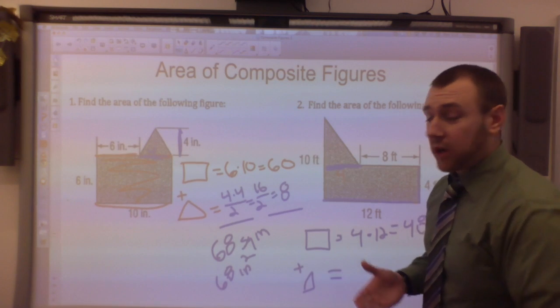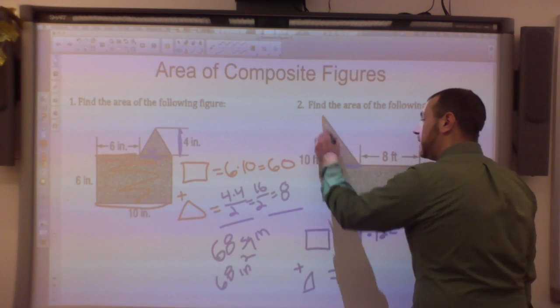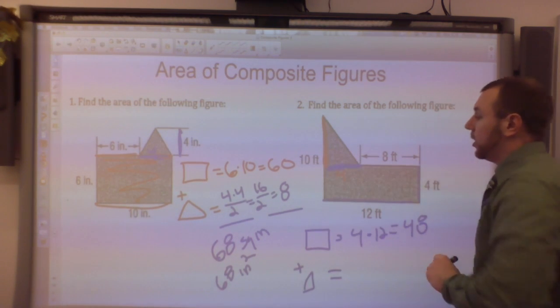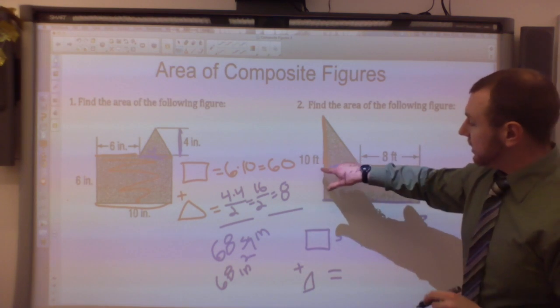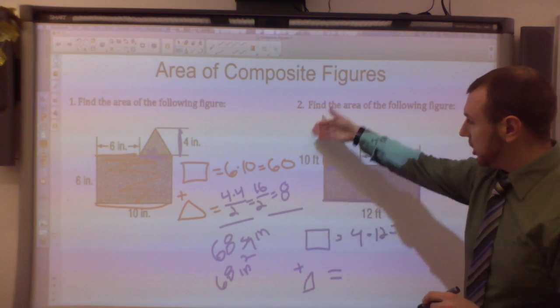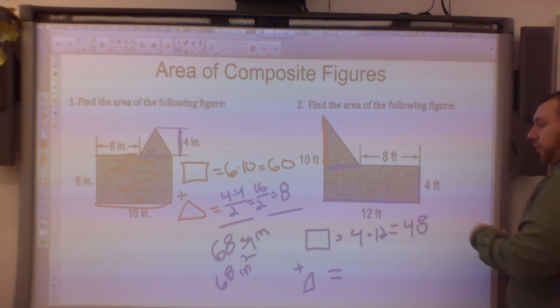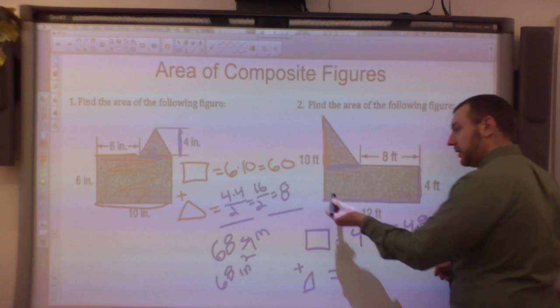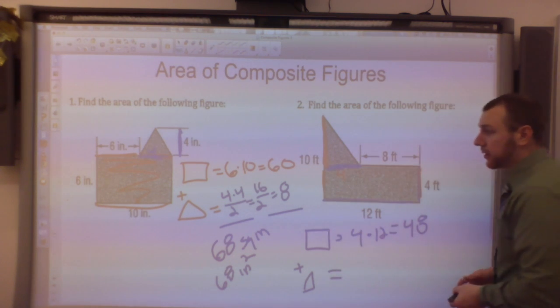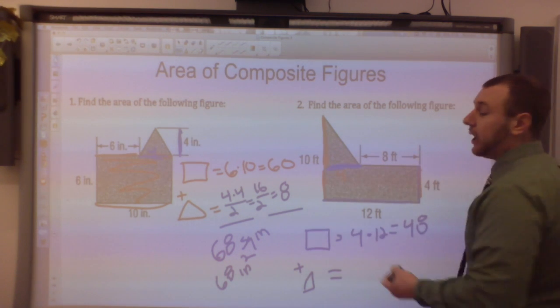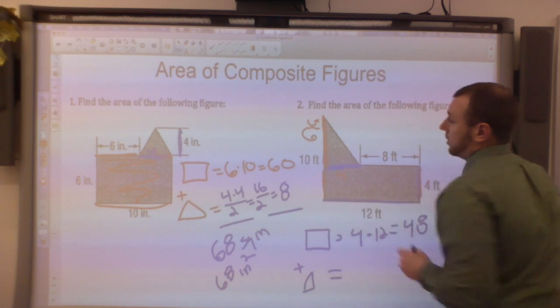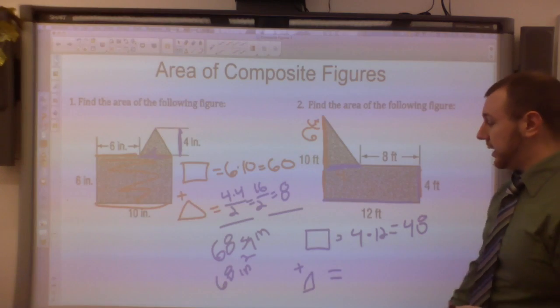My height of my triangle is only this piece right here. So I have to recognize that the 10 is that entire length. But I know that this 4 feet and this have to be the same. So what's left for the height is 6 feet, because 6 plus 4 is that 10.